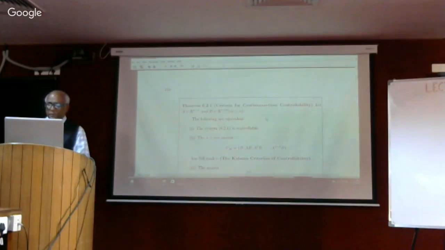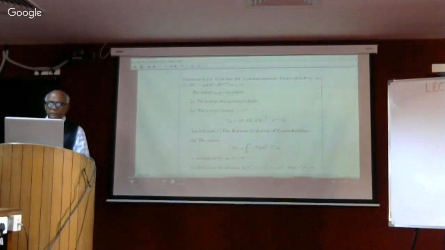There are other mathematically equivalent criteria. For example, this matrix is called the controllability Gramian. The controllability Gramian has to be non-singular for any time t1 greater than 0.